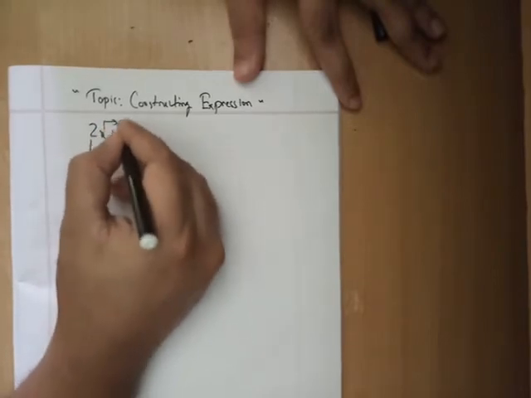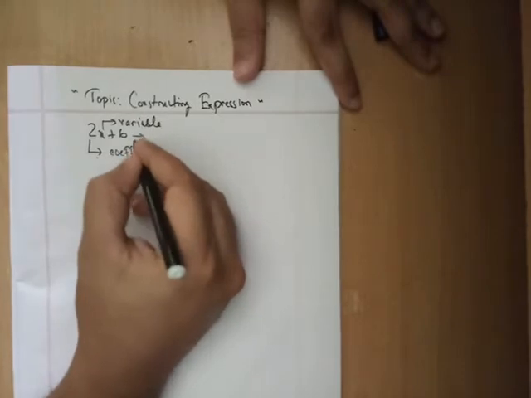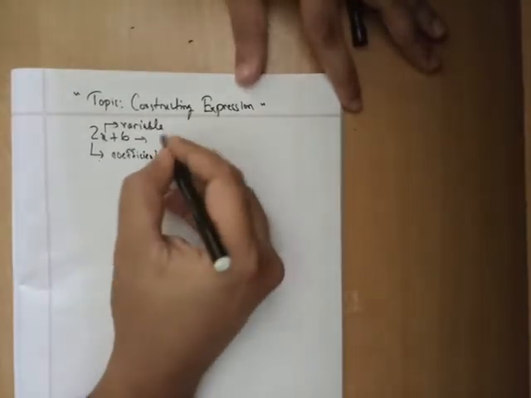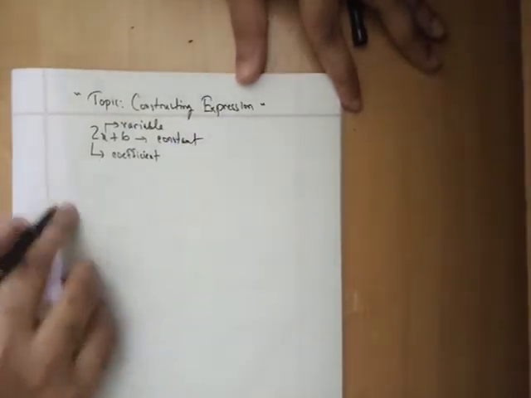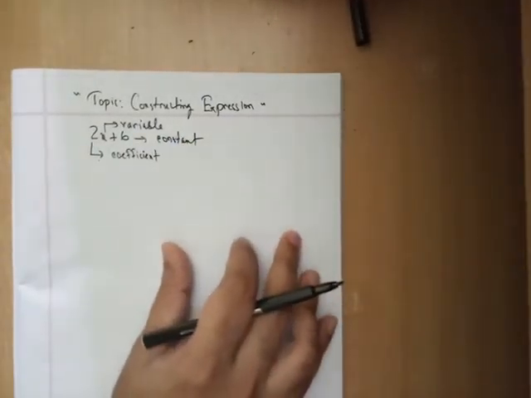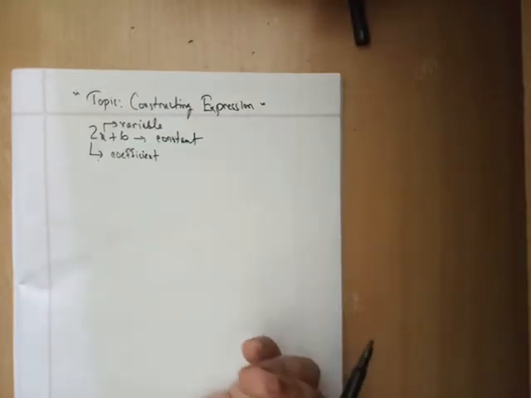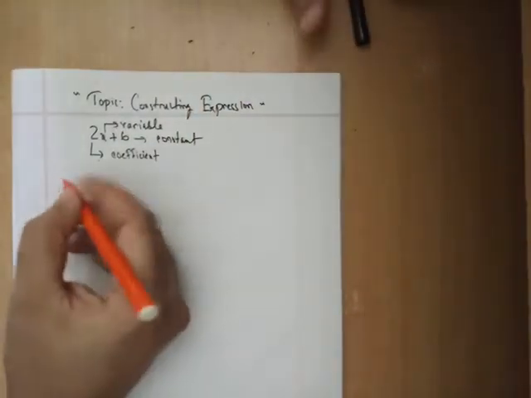This x here is the variable, and this 6 here, which is alone, is called the constant, right? Okay, now the main topic that we need to cover today is, we know what an expression is already, and now how to construct an expression.